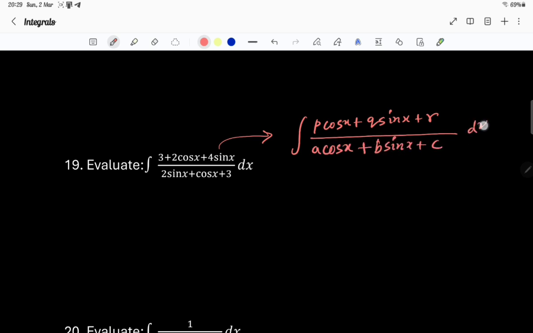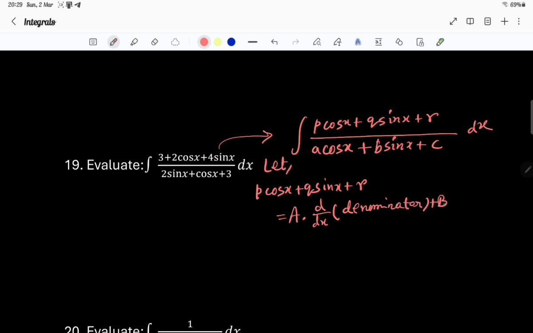If this type of function is there in numerator and denominator, with sin x and cos x, what you will do: the numerator function you will write at first, let p cos x plus q sin x plus r equals capital A times the derivative of the denominator function, plus B times the denominator function, plus C. So you have to compare the sin x and cos x coefficients and find this A, B and C. Then you put them in the function and you will get the answer.